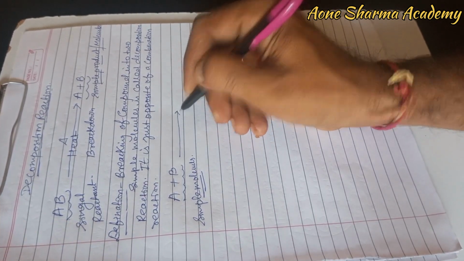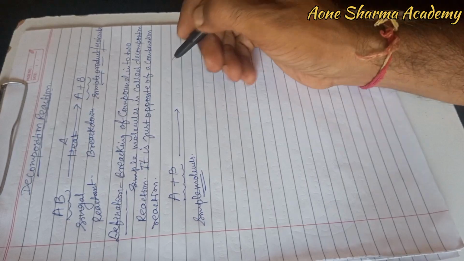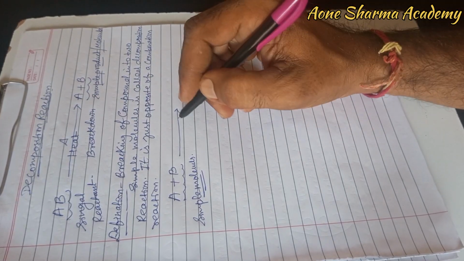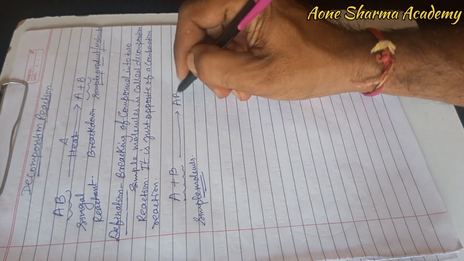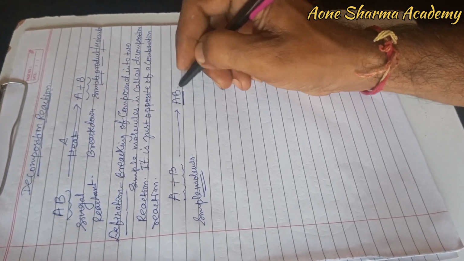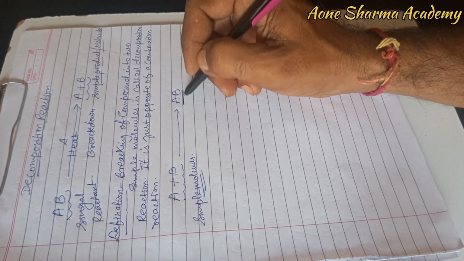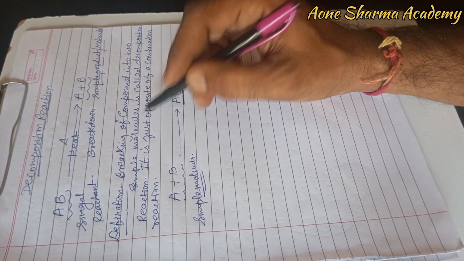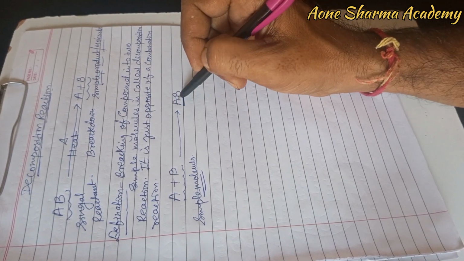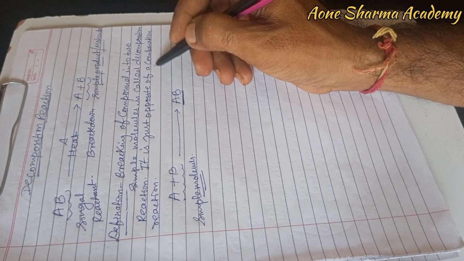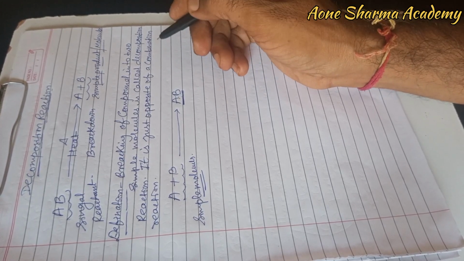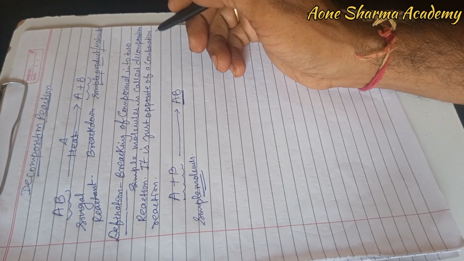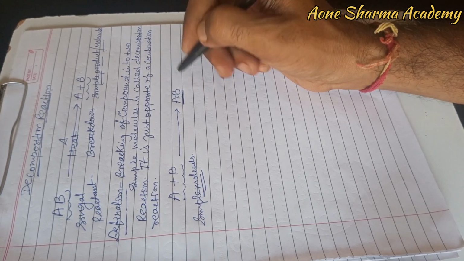These molecules combine and form a new product AB. This is called a combination reaction. So decomposition is just the opposite of a combination reaction.